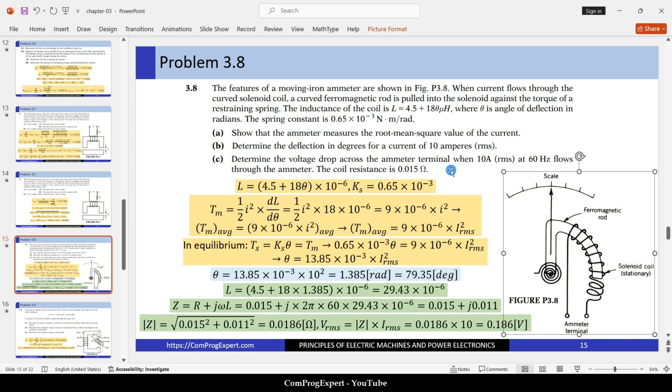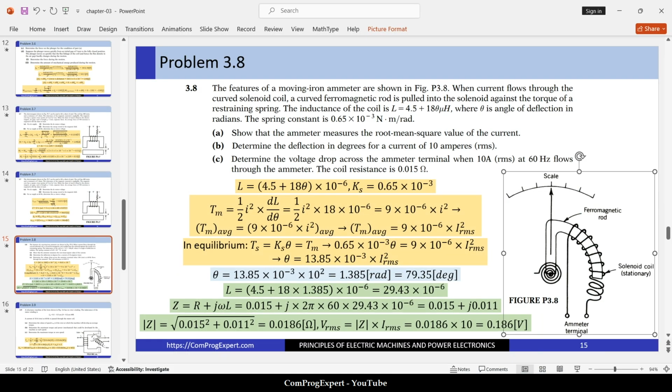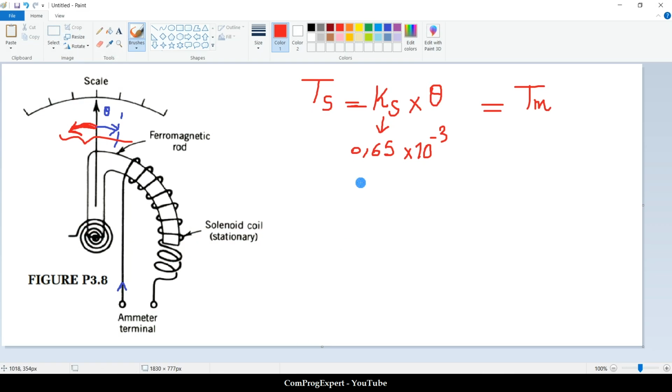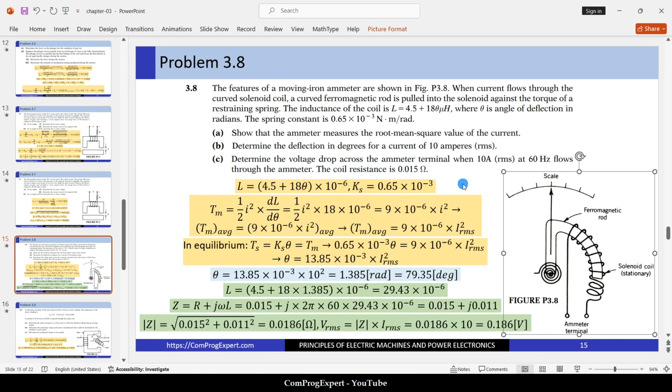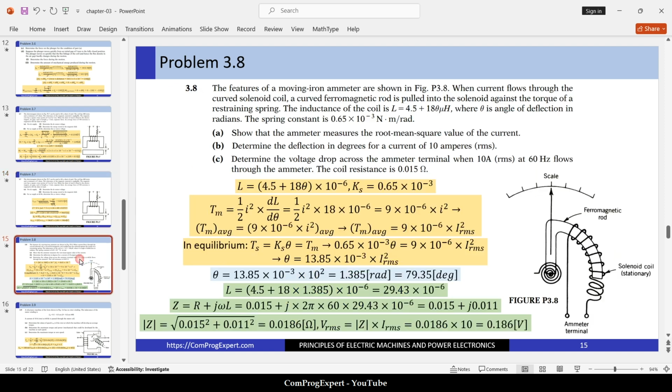You know that the value of the voltage drop for an ideal ampermeter must be 0. Okay? But in real case, we don't have ideal ampermeters. So in this condition, as you can see, again, like before, for this problem, we should calculate the impedance of the coil to calculate the value of the voltage drop. The impedance of the coil is R plus jωL.